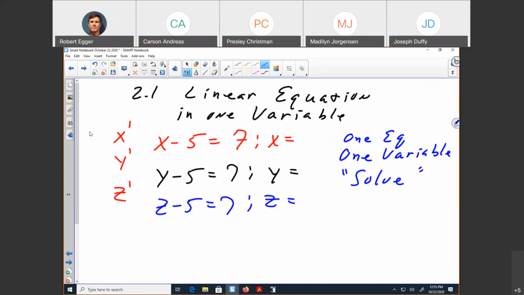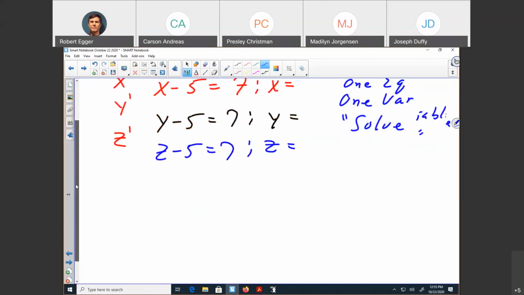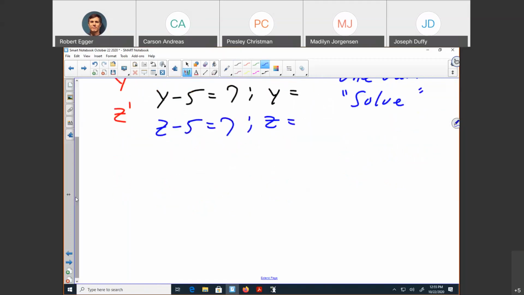And right now, the idea of any problem, no matter how complicated it is, is that you want to work it down to just a variable equals a value.